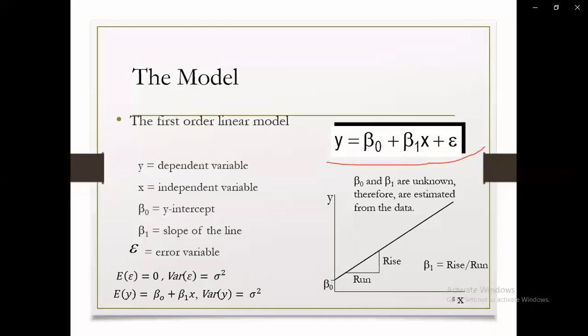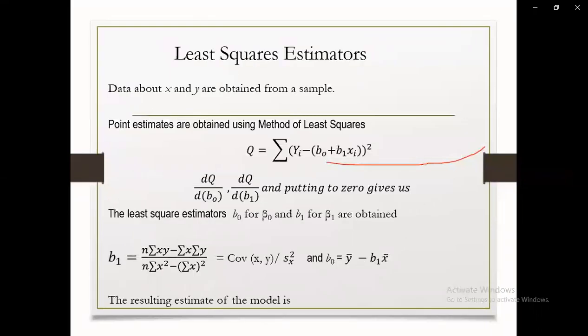Now, based on the least squares approach, this is the derivation. Based on the least squares formula, we can clearly see that our beta 1 is n summation xy minus summation x times summation y over n summation x squared minus summation x all squared, which is basically the covariance of xy over the variance of x.